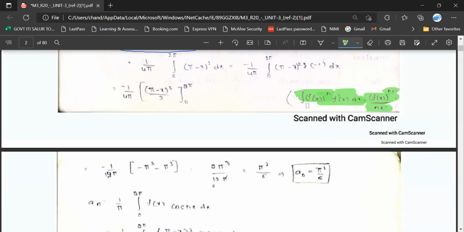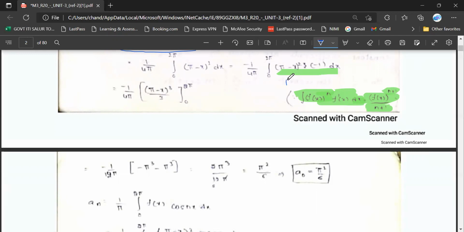Here pi minus x is our f of x, and minus 1 is its derivative, so the form is f of x to the power n into f dash of x dx. So we take f of x as pi minus x. Here we take n is equal to 2.